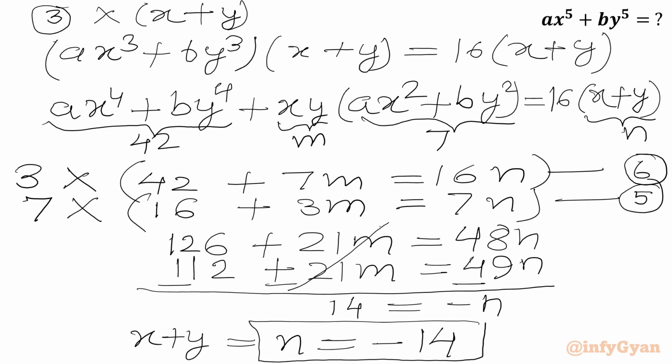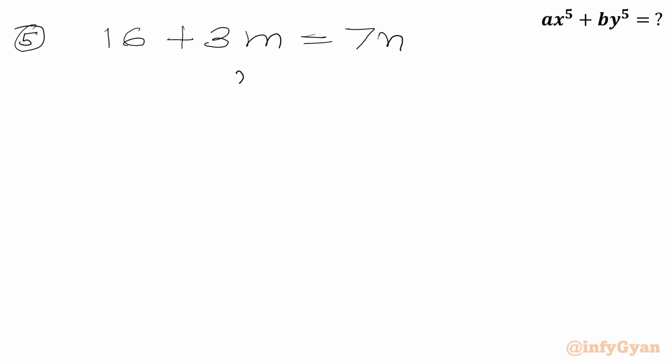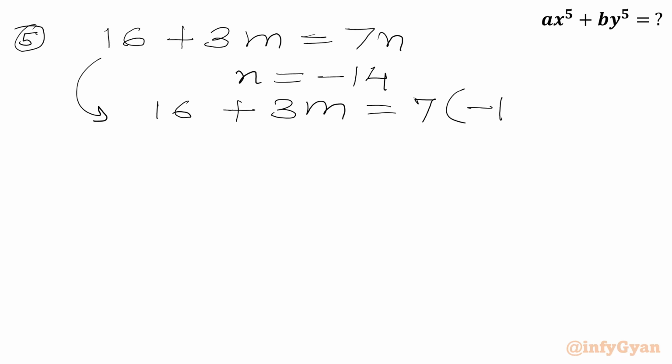Now we will calculate the value of m. So I will use equation number 5. 16 plus 3m equal to 7n. Now n is minus 14. So we will get 16 plus 3m equal to 7 times minus 14, which is equal to minus 98.